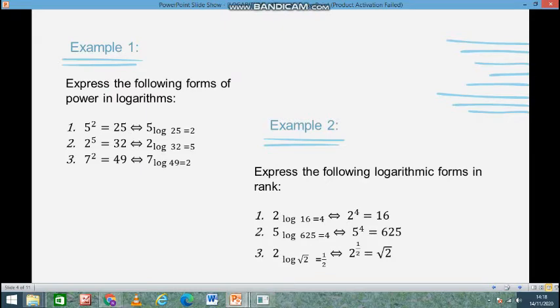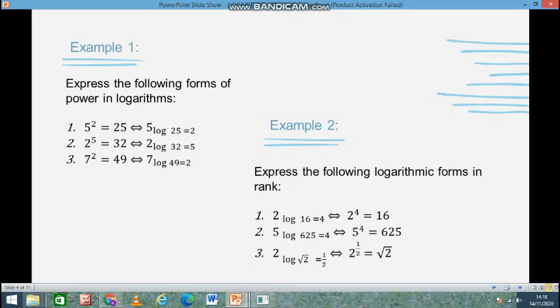Example 1. Express the following forms of power in logarithm. Here are 3 exponential questions, then we write them in logarithm form using the definition we have discussed.